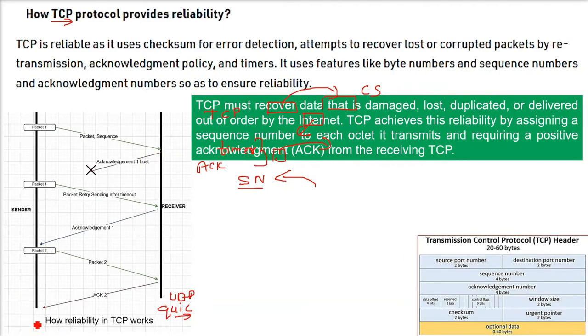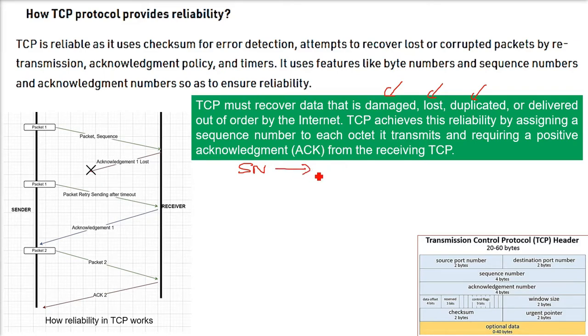So let us understand a few more things. TCP must recover data that is lost, damaged, duplicated or delivered out of order by the internet or by the protocol stack. TCP achieves this reliability by assigning a sequence number to each octet it transmits and requiring a positive acknowledgement from the receiving TCP.